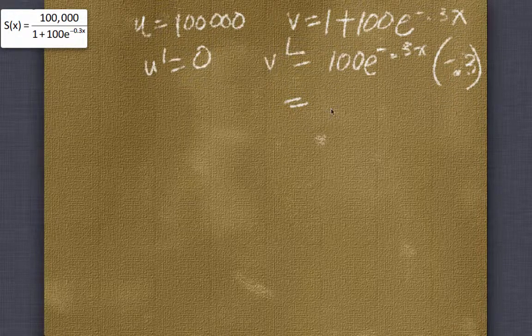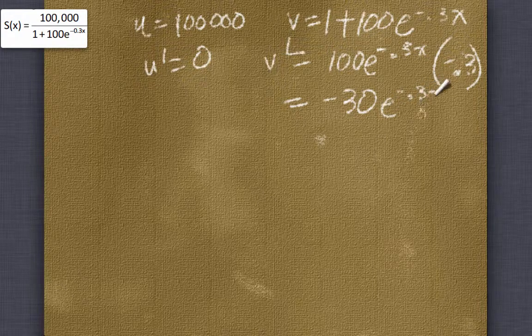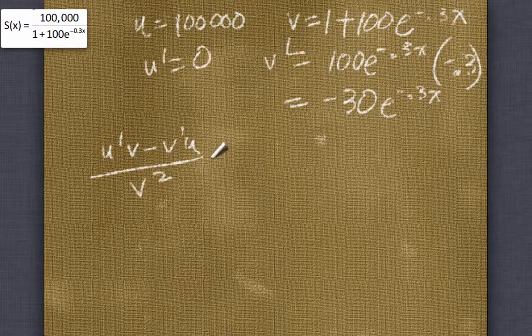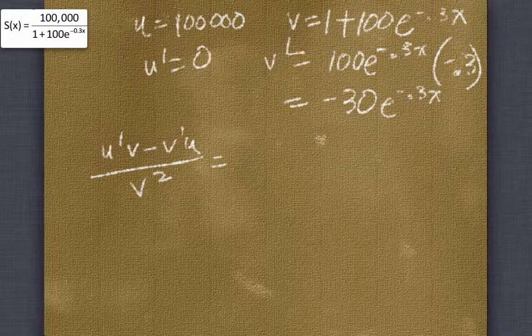So negative 0.3 times 100 is negative 30. U prime v minus v prime u over v squared is, u prime is 0, so that part I can just skip. 0 minus.